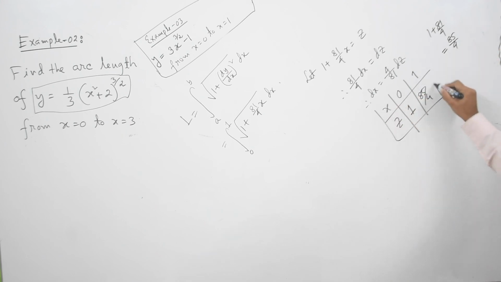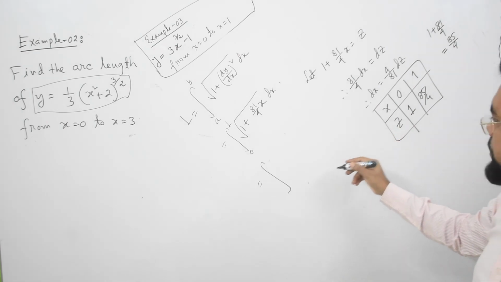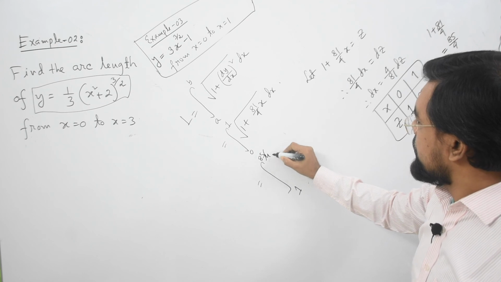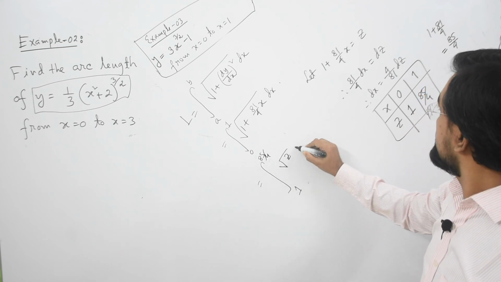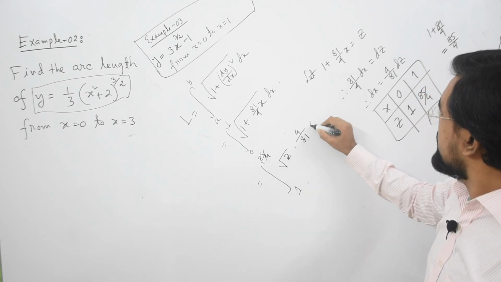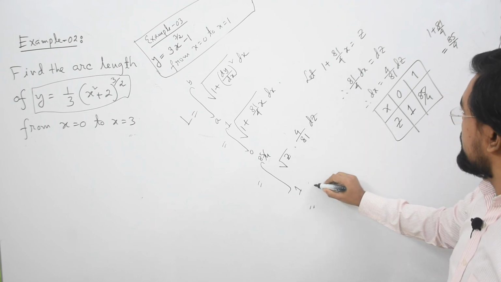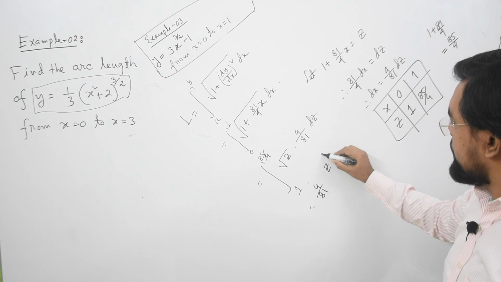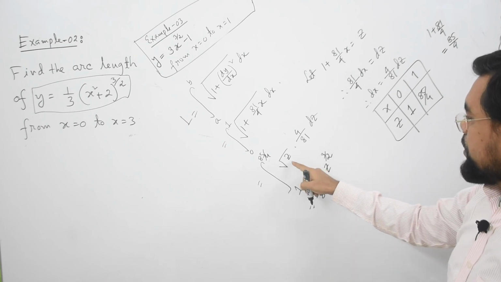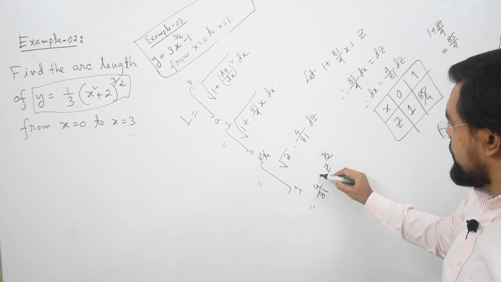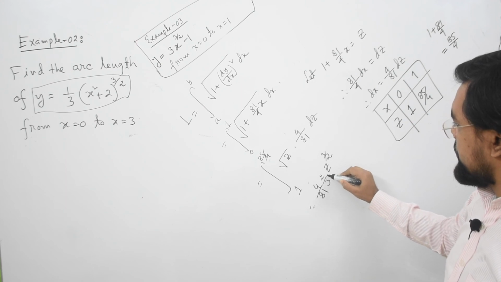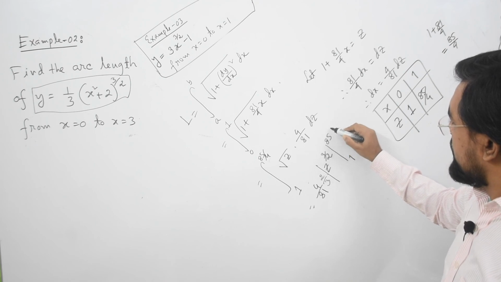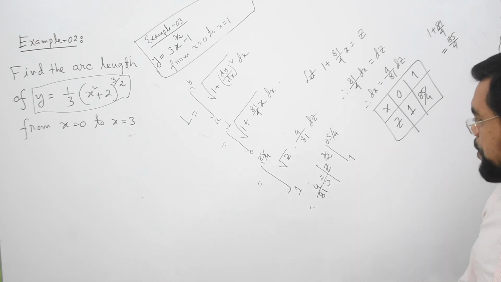So let me put this result here. 1 to 85 by 4 root z 4 by 81 dz, which is equal 4 by 81 z to the power 3 by 2, half plus 1 is 3 by 2, and let me put the opposite one here, 2 by 3, 1 to 85 by 4.